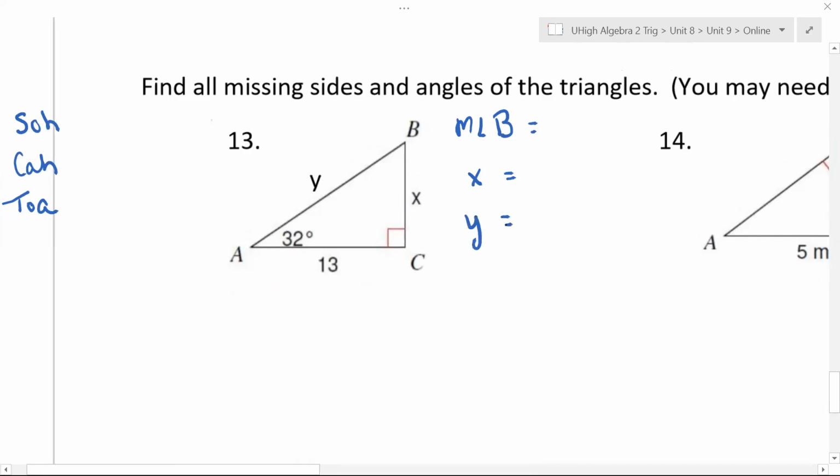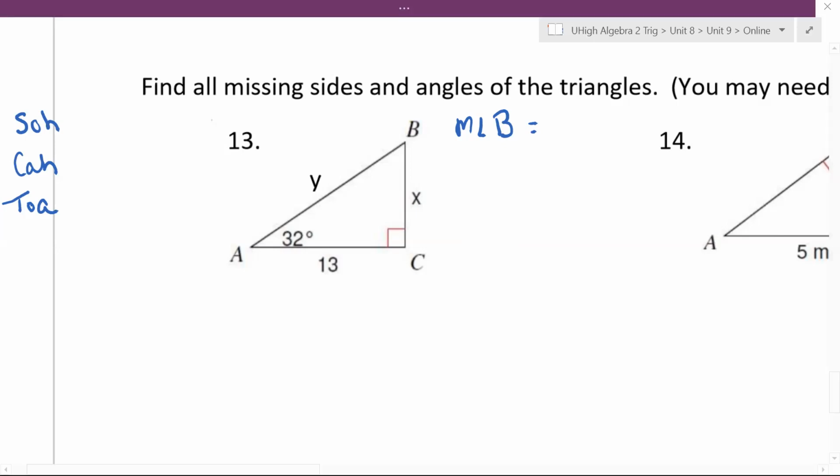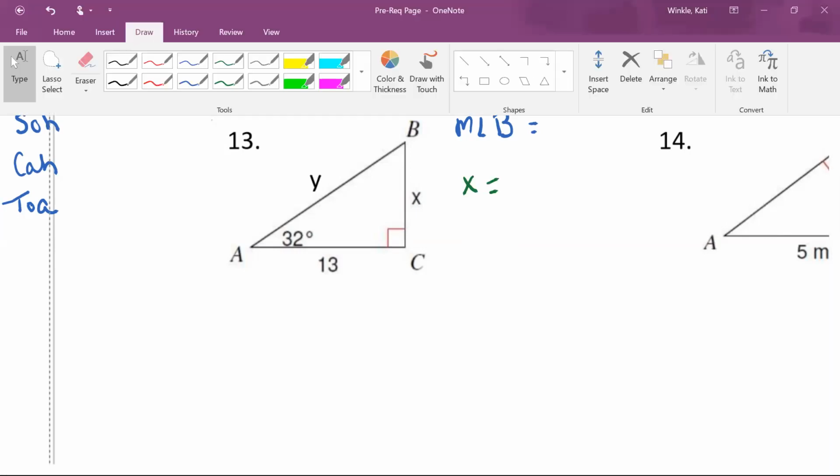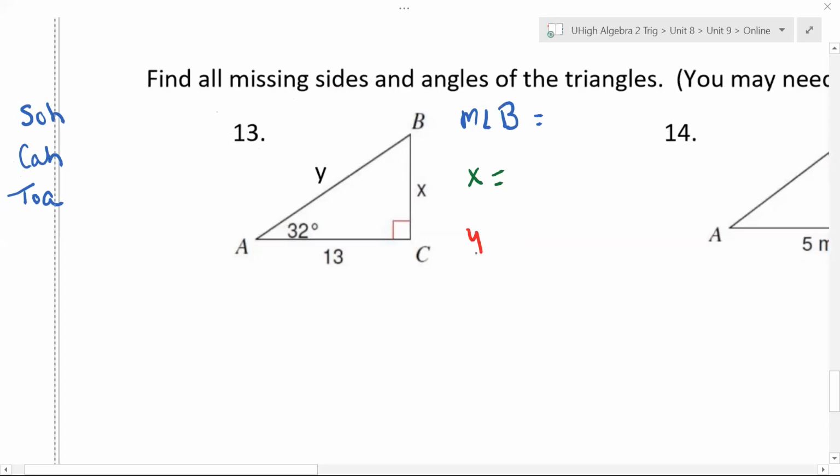Those are the three pieces that it looks like I'm trying to find here. I'm going to write these in different colors just so that I can keep myself straight when we're doing this. X equals and Y equals.